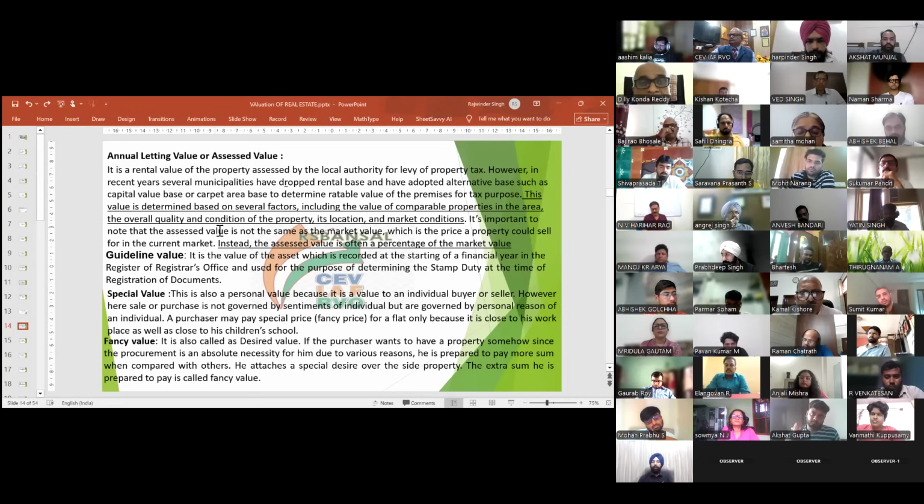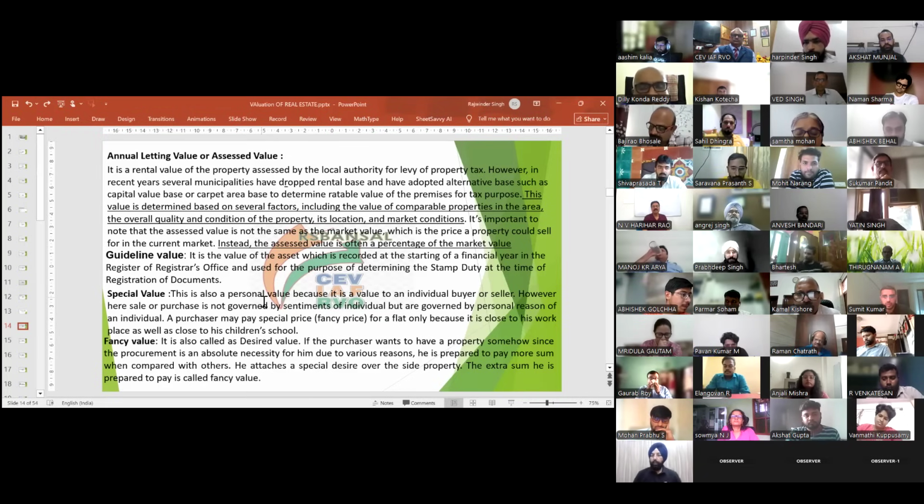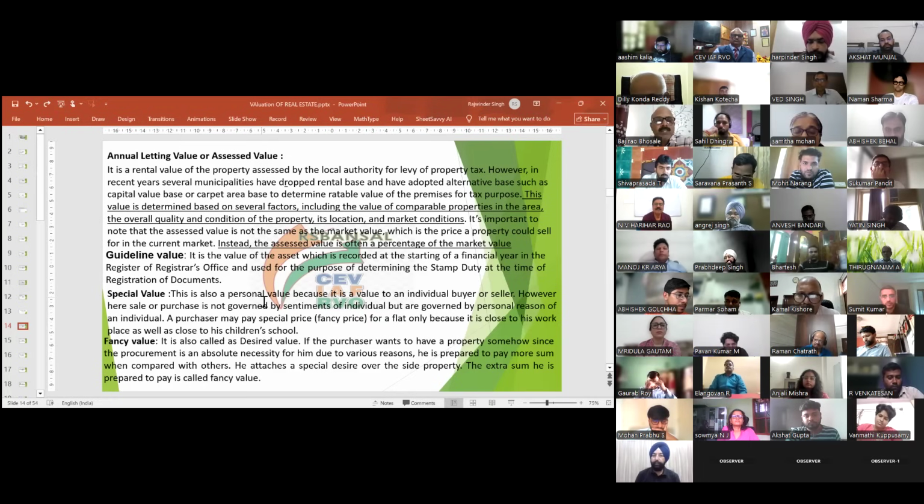That value is called annual letting value or assessed value. Next is guideline value. Guideline value is basically the collectorate rate on the basis of which sale deeds are registered, on the basis of which stamp duty is paid while registering a sale deed. So that value is called guideline value.